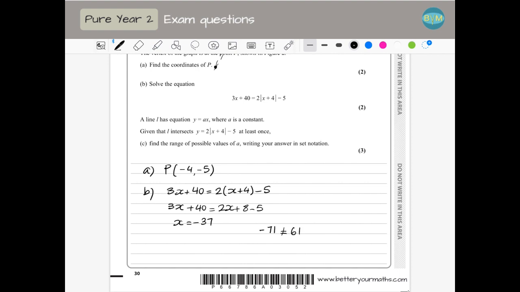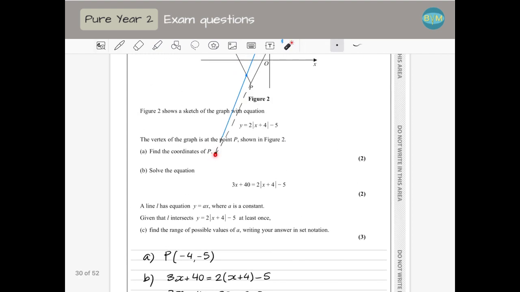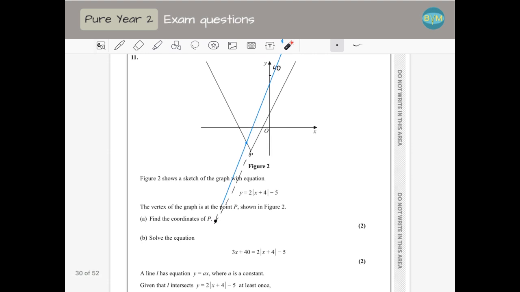So it's not the same, which means that this is not a solution. It's going to be this point here that I mentioned in the sketch, and you don't need to do the sketch, it's just for you to understand what's happening and why this is not a solution.